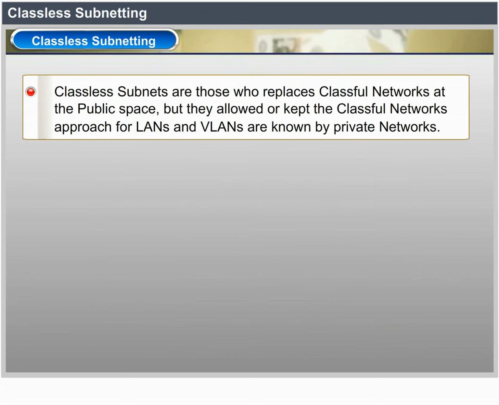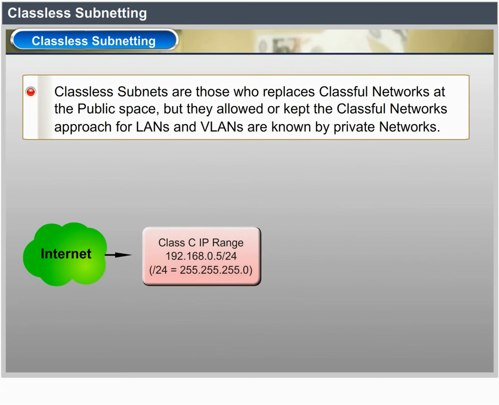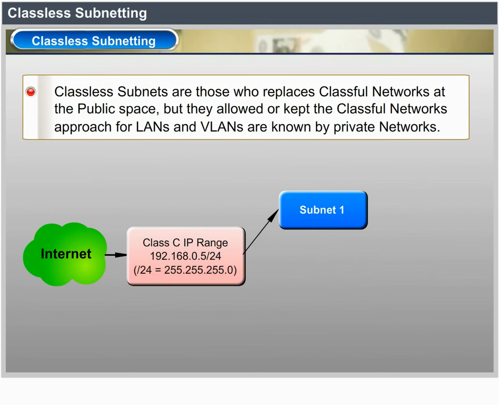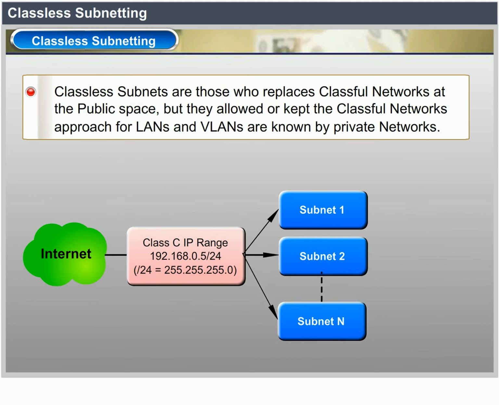Classless subnets replaced classful networks in the public space, but they kept the classful networks approach for LANs and VLANs, what is known as private networks.